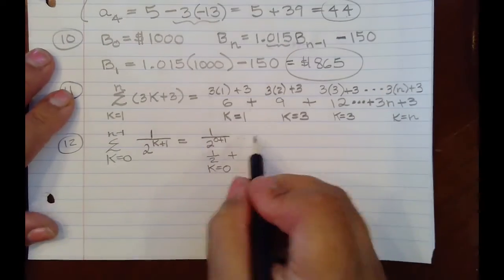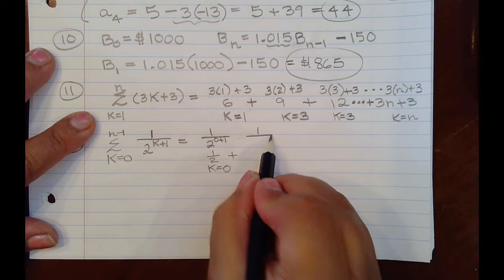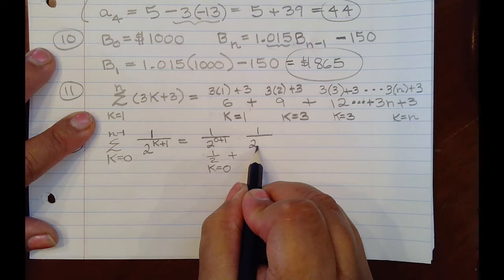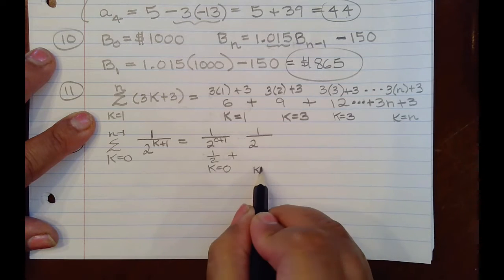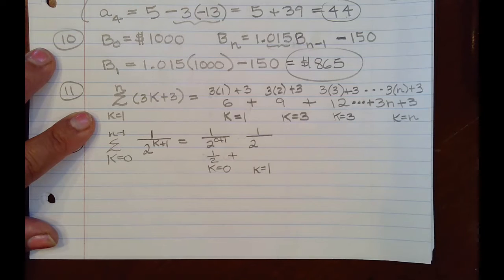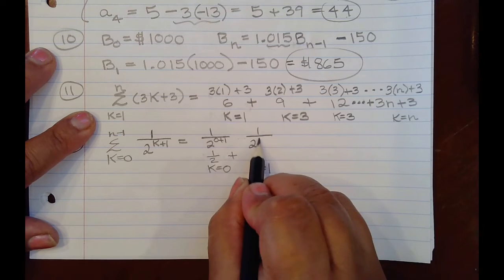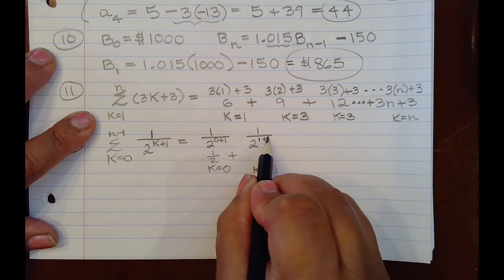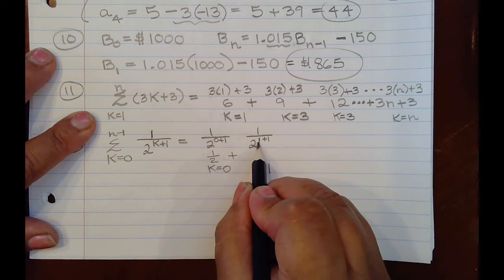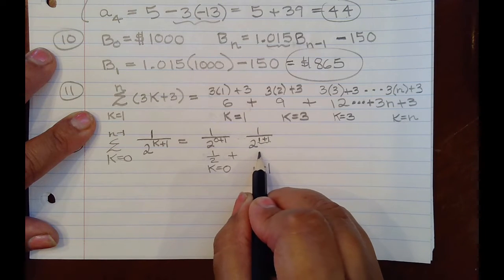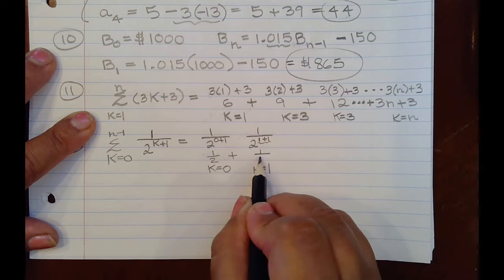Now I'm going to use the formula again, so it's going to be 1 over 2 to a power of k plus 1. This time I'm going up to a k value of 1, so it would be k plus 1. So that's 2 to a power of 2, or 4.